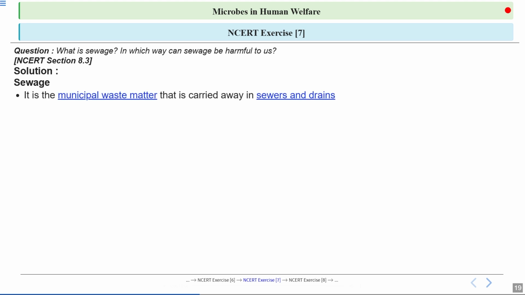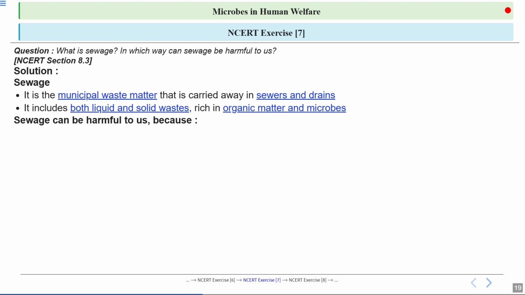Basically it is the municipal waste matter that is carried away in the sewer and the drains. This sewage contains both liquid waste and solid waste, and it has a lot of natural materials also, organic matter, and tiny living organisms called microorganisms as well. So it includes both liquid and solid waste rich in organic matter and microbes.